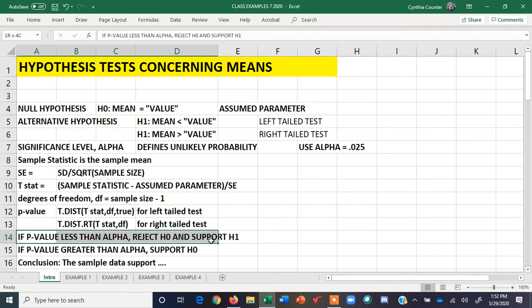If our p-value is less than alpha, we reject the null hypothesis and support the alternative, which then means that the sample data support the claim because the alternative is our claim.